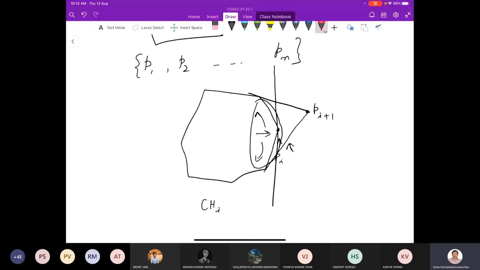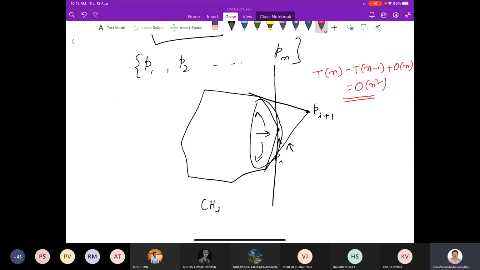Again the recurrence relation becomes the same, and we are getting a complexity of n square again. So there is no change in the algorithm. The only thing we are doing is sorting these points beforehand by their x coordinates and applying the incremental algorithm.